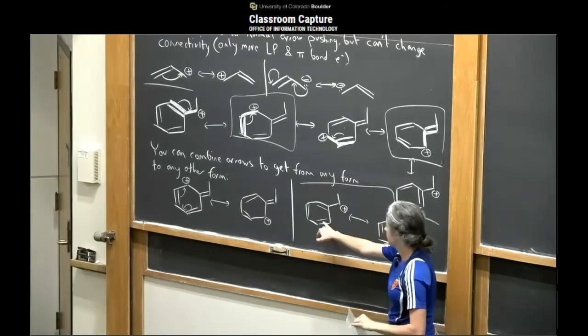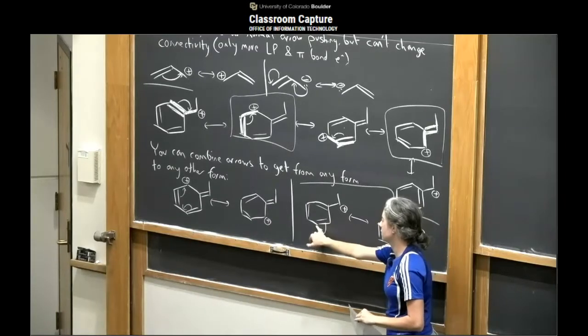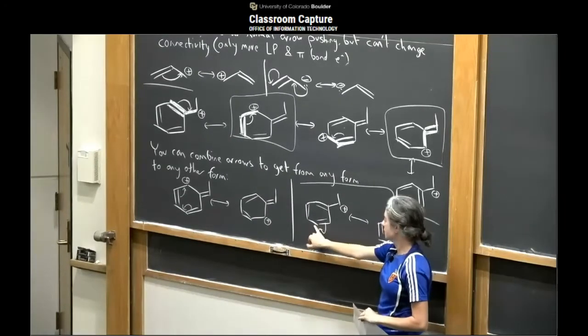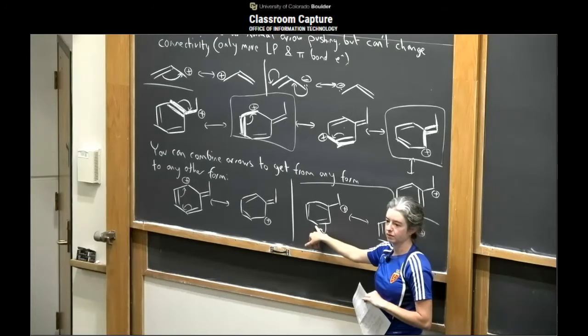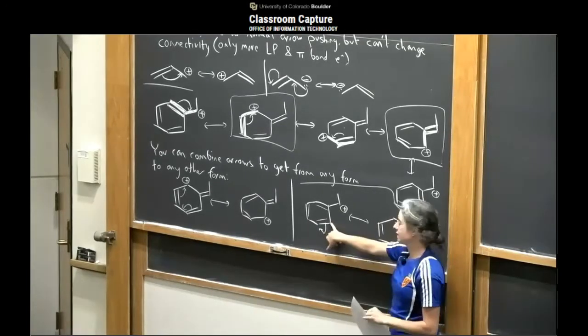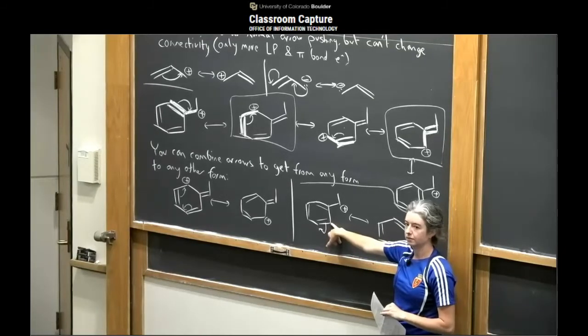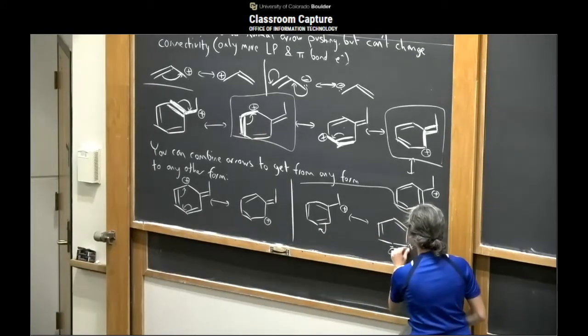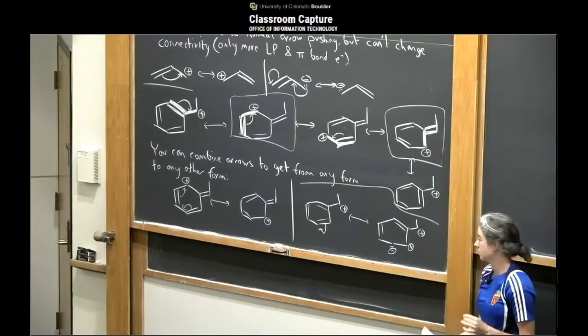In this case, I'm taking electrons out of the pi bond. I'm dropping both of them onto this carbon. So what charge is this bottom carbon going to have? Negative, right? Yeah. And it's got a lone pair on it. What charge is this one going to have? Positive, right? Because I'm taking electrons away from it and I'm not giving it anything in exchange.